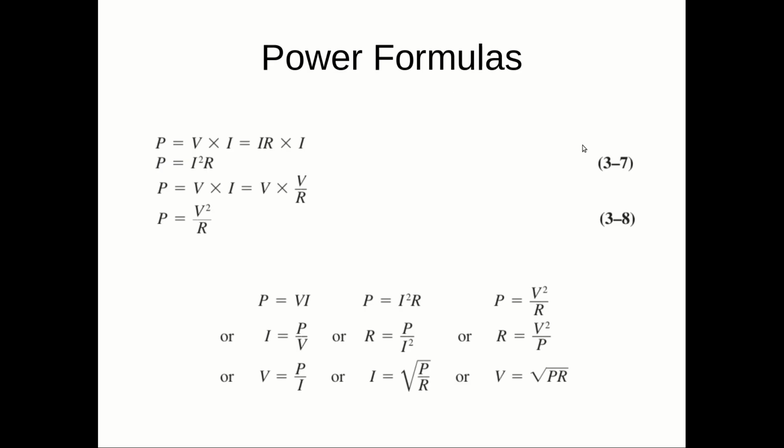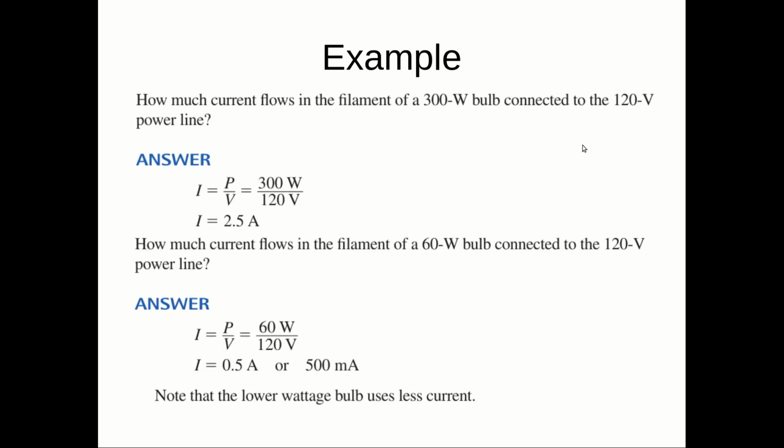Okay, here is an example to make it more clear: how much current flows in the filament of a 300 watt bulb connected to a 120 volt power line? So P equals IV, so I equals P over V, 300 over 120. This is 2.5 ampere.